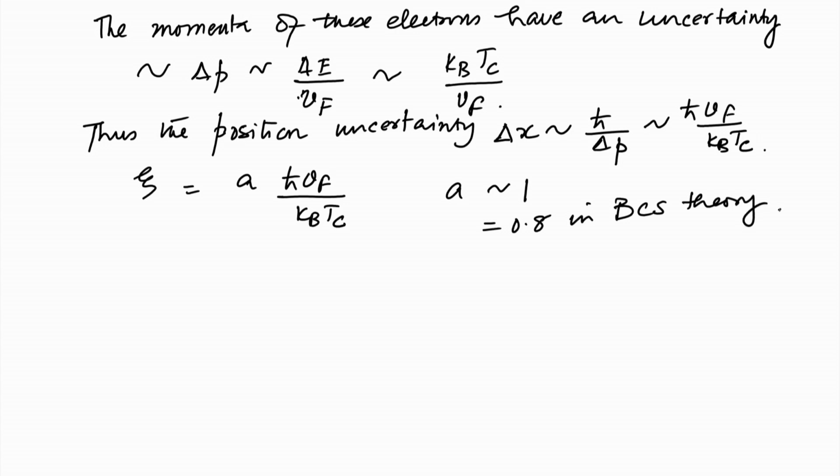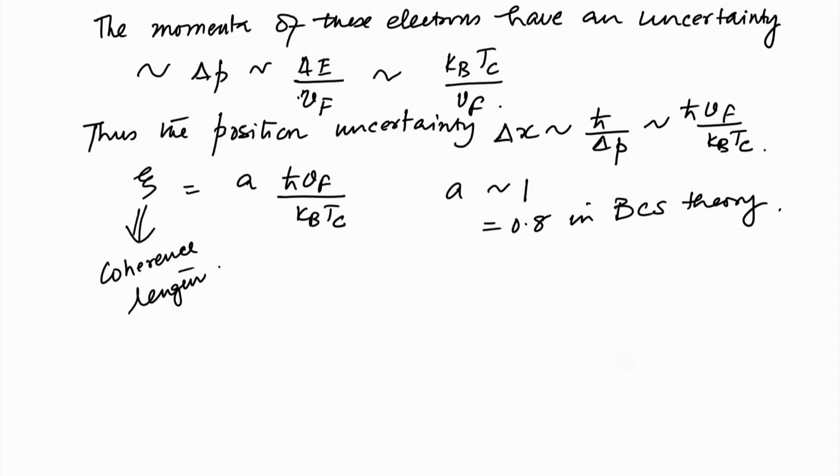So, this introduces another length scale for the problem, which is known as the coherence length. So, the coherence length is the second length scale in addition to the penetration depth that we have introduced earlier.